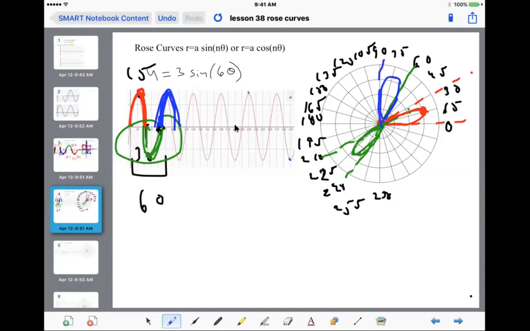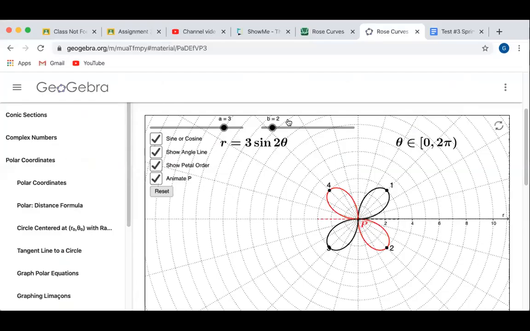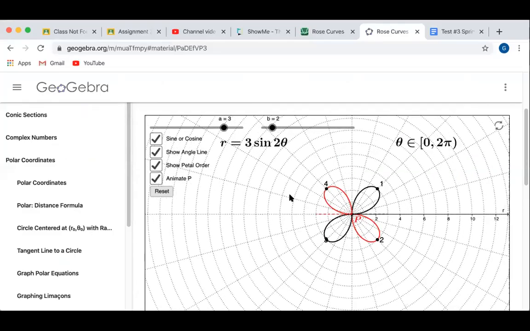And when you do this all, I'm going to switch now over to the Mr. Stir thing. Here it is. And this thing is really useful. So this was 3 sine 6. I want to, hold on. I don't want to see the curve.